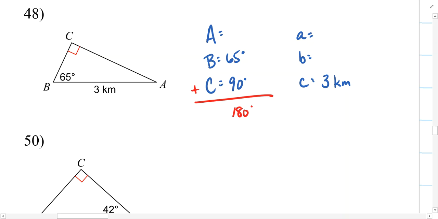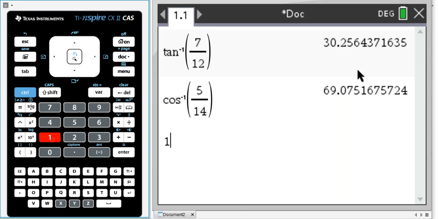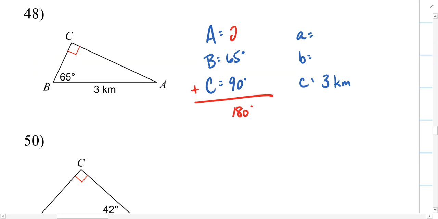And so if we know what two of the angle measures are, it's not too hard to find the third. We could take 180 degrees minus 90 for the right angle, and in this case, minus 65 for the obtuse angle. We recognize that this missing angle measure here is 25 degrees. We could even mark that on the diagram if we wanted to.